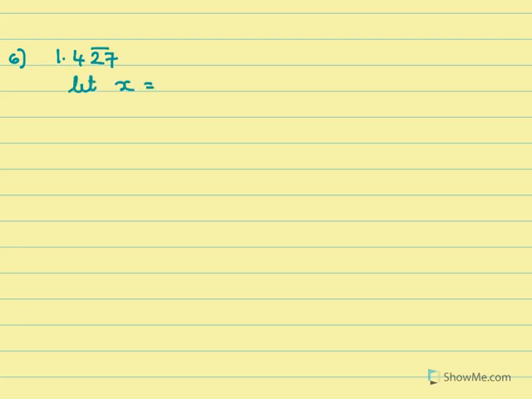Now for the next one, 1.427 bar. So let x be equal to 1.427 bar. In the first part, I will get my decimal before the recurring. This is a recurring. So in my first, I multiply by 10, and in the next I have to get after the recurring.